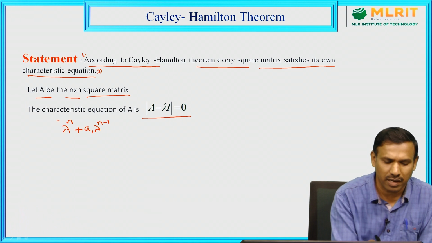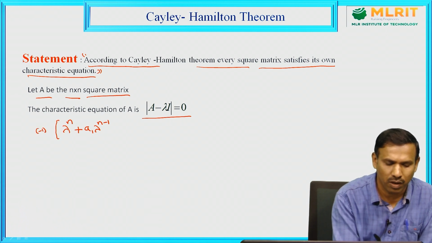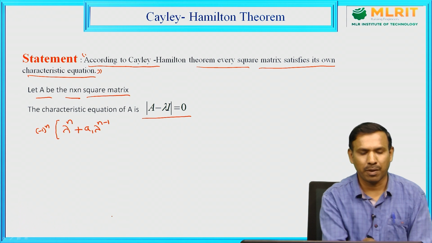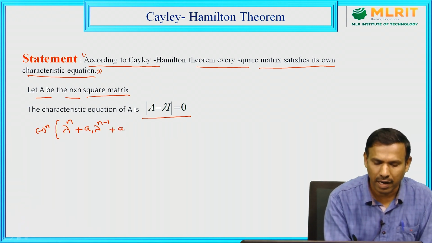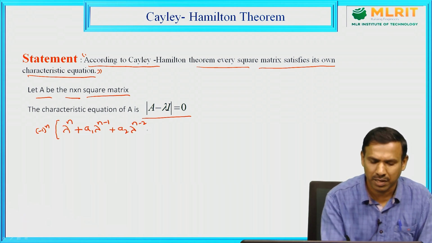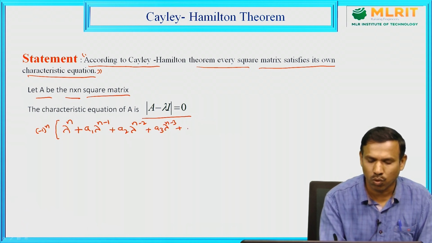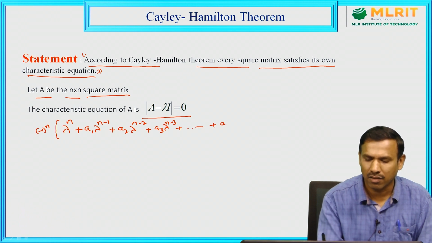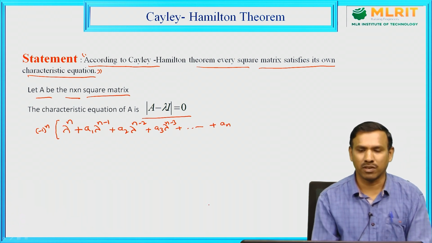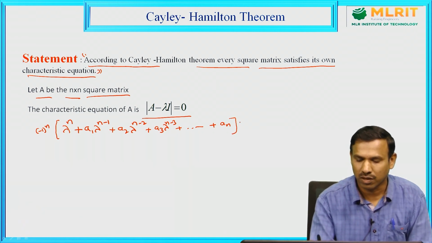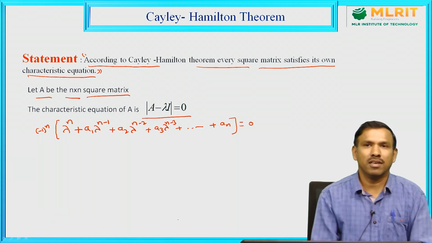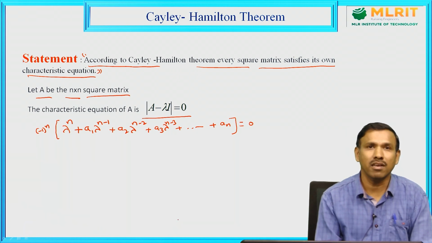Alternate signs will be generated, given by minus 1 whole power n, into lambda power n plus a1 lambda power n minus 1, plus a2 lambda power n minus 2, plus a3 lambda power n minus 3, and so on, plus the last coefficient, the constant term. In every problem we have done, the characteristic equation ends with a constant, so an, which is equal to 0.